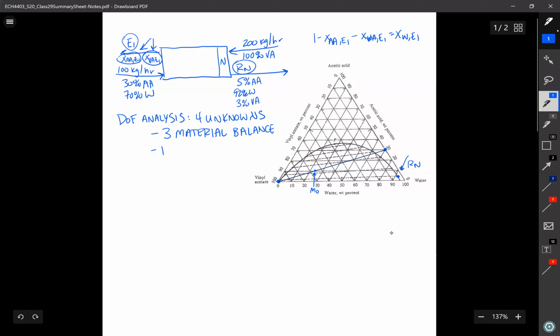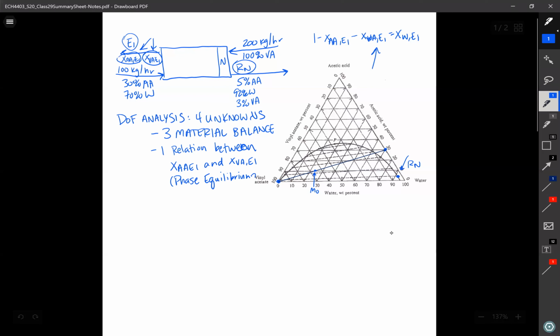So I'm going to write this as minus 1 for a relation between XAA E1 and XVA E1. I'll call this a phase equilibrium relationship. In other words, it's not necessarily a physical constraint like the equation that I drew up here is.